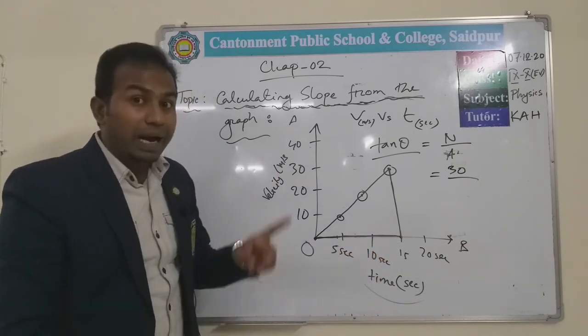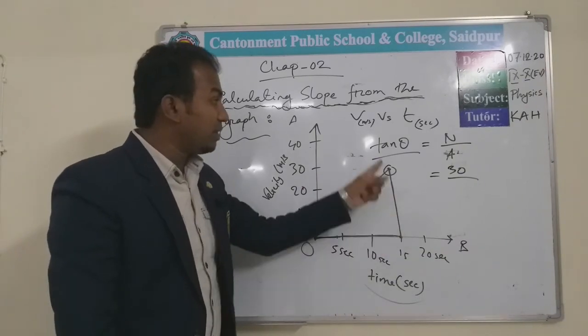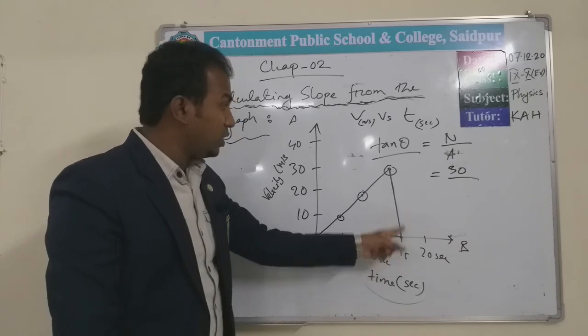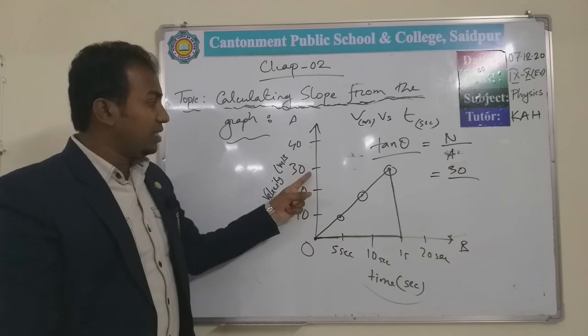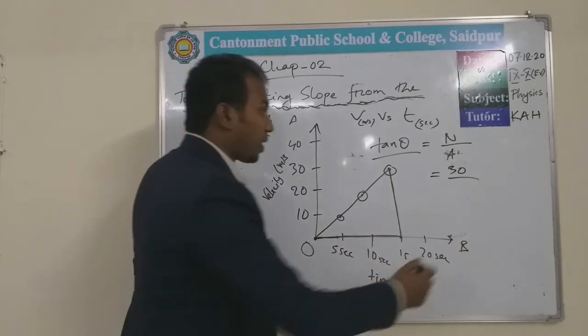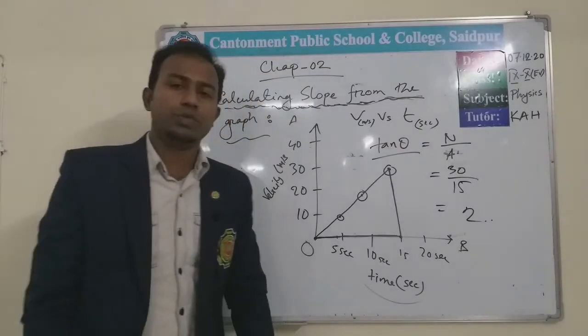You are doing it by hand, getting the values from the graph. If we match it from the axis, it will give you 30, and over here you are getting 15. So the answer is 2.